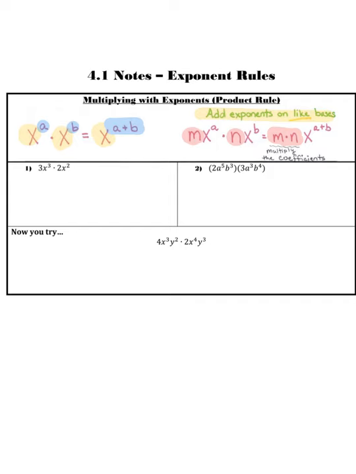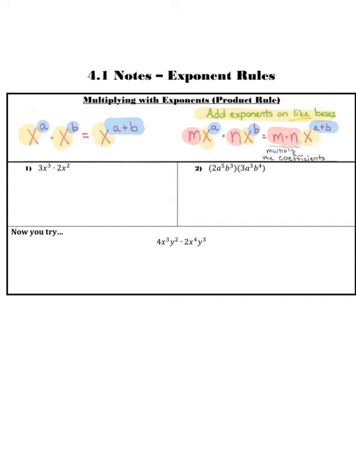So in this example, m and n are acting as the coefficients. We're going to multiply the m times the n, and then because we have a base of x, notice what's happening with our exponent, the a and the b, we're going to add a plus b.